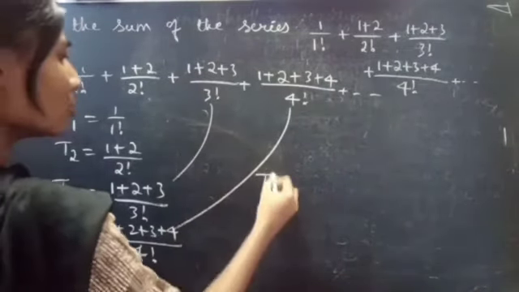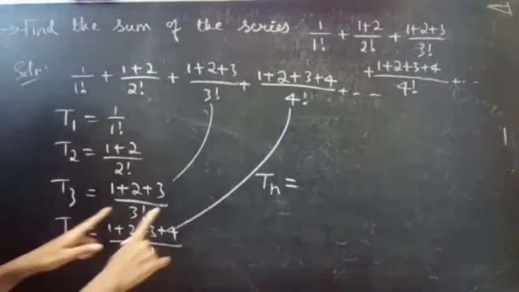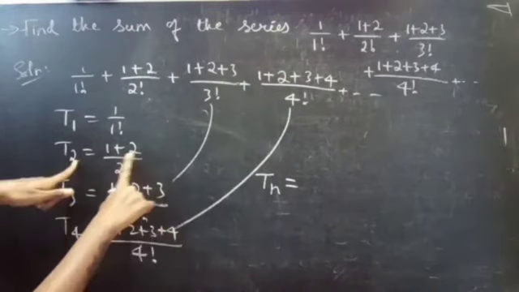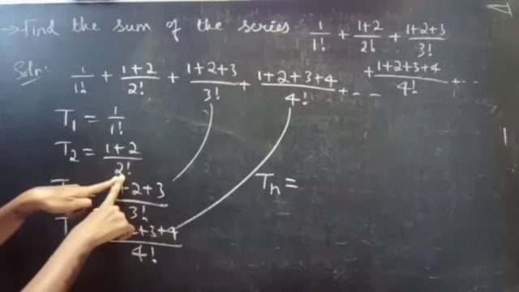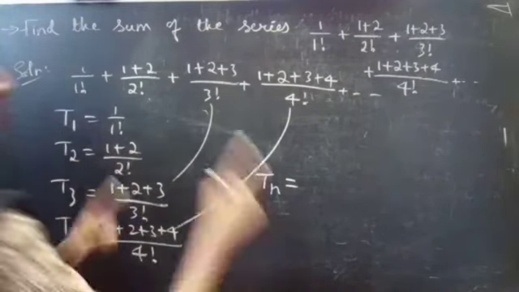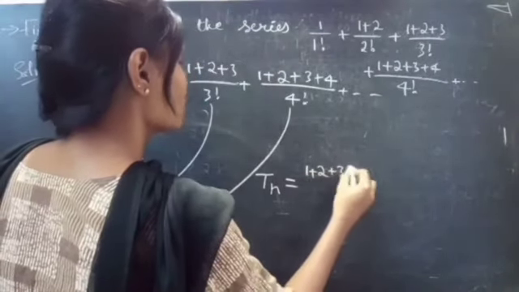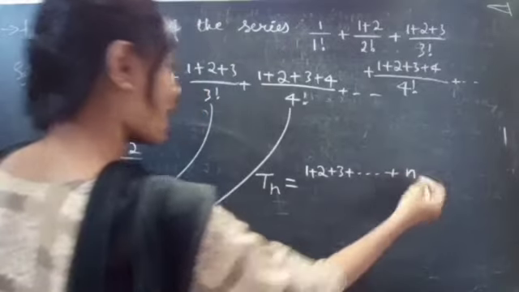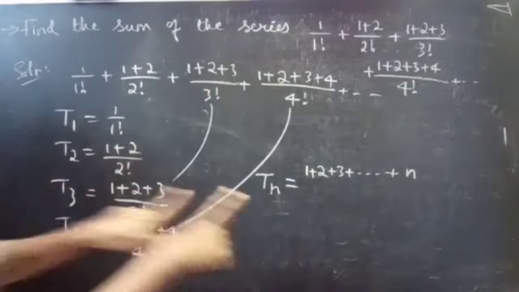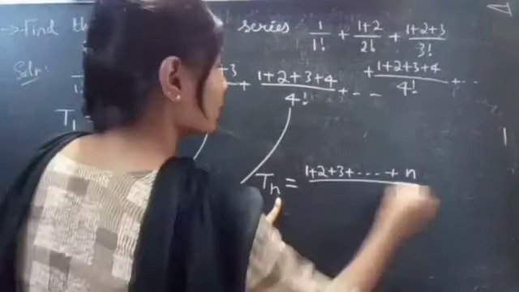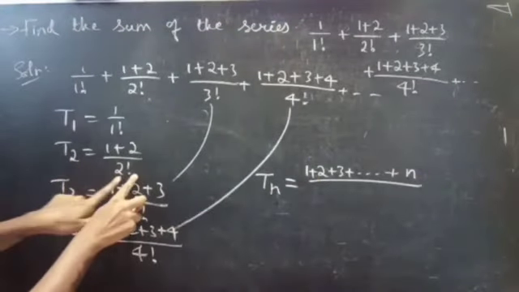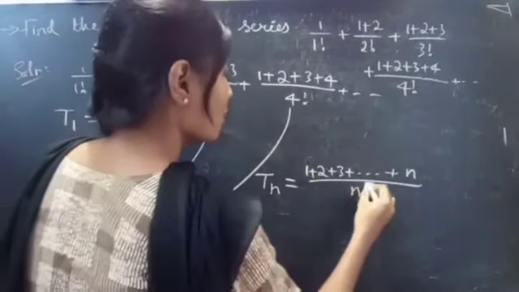The nth term could be Tn equals, see, everything ends with the same number, by the same number factorial. So what could be the nth term? 1 plus 2 plus 3 plus so on plus n. It should end with the same number by the same number factorial, that is, n factorial.